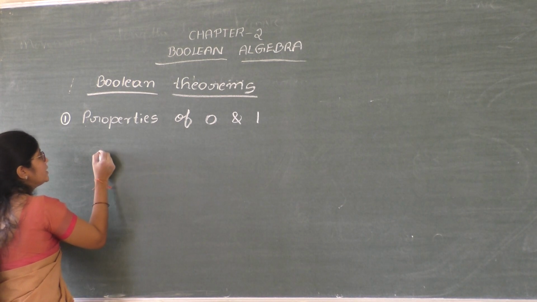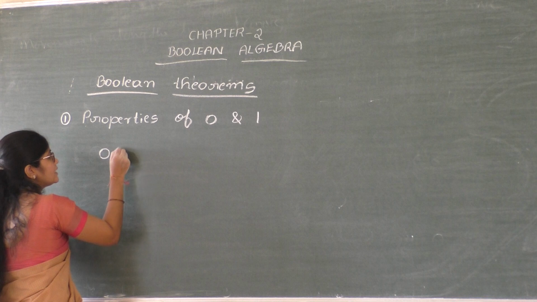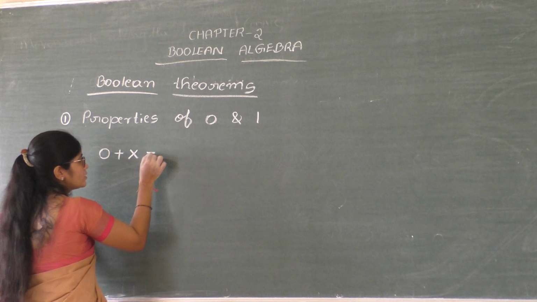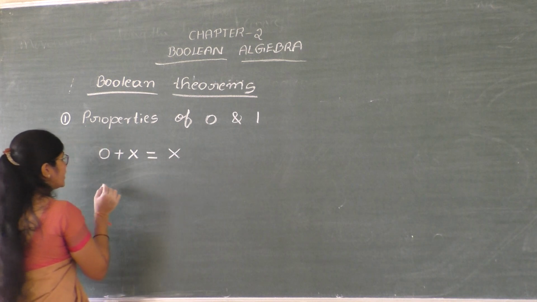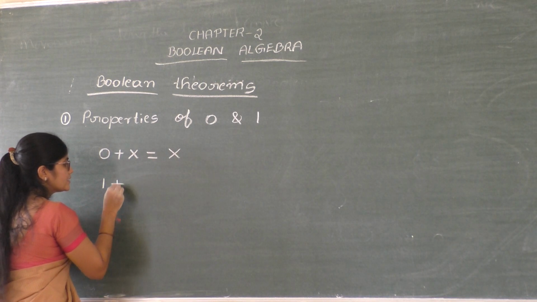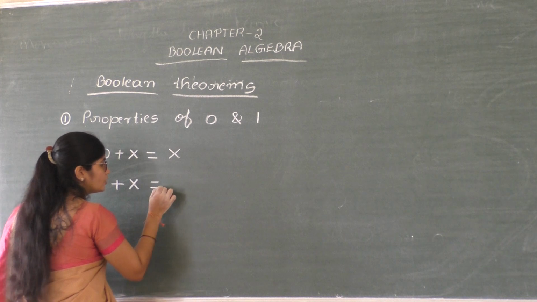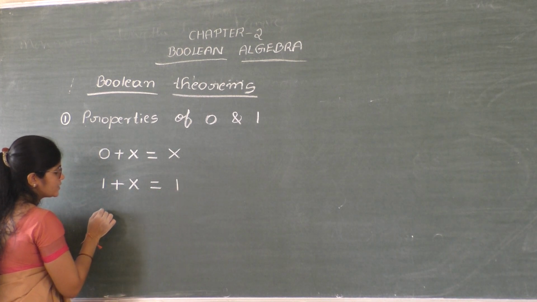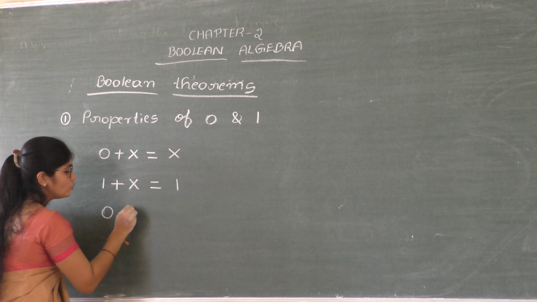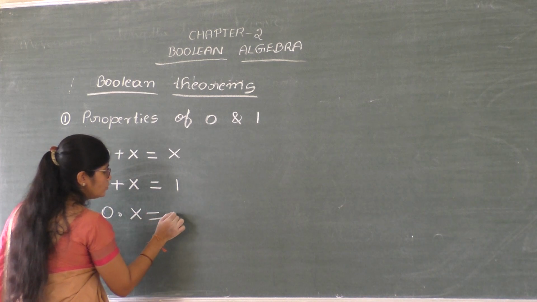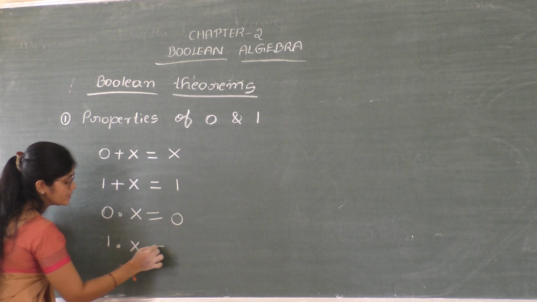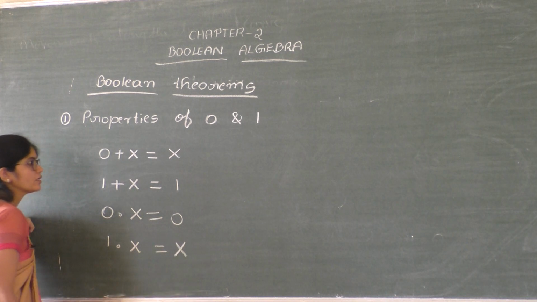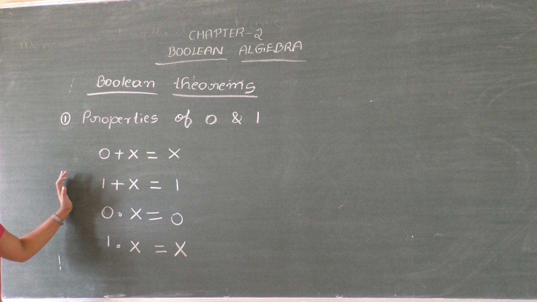First property, 0 plus x is equal to x. Next property, 1 plus x is equal to 1. Next, 0 into x is equal to 0. 1 into x is equal to x. So these are the properties of zeros and ones.